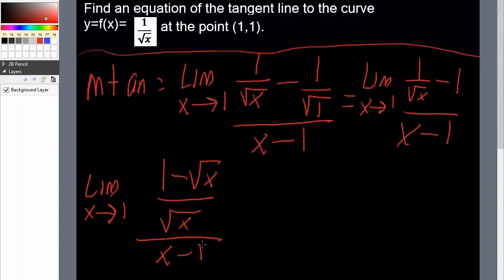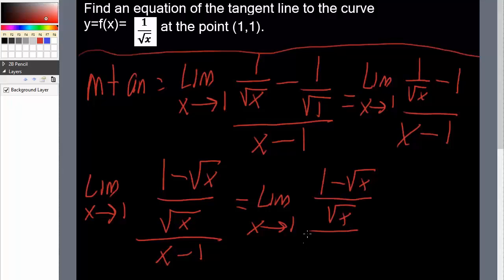And now we need to come up with a way to try to at least cancel the numerator from the denominator. One way we can do this is to factor the denominator. So let's do this. Limit as x approaches 1, we will get 1 minus square root of x divided by the square root of x, times parentheses, square root of x minus 1 times square root of x plus 1.